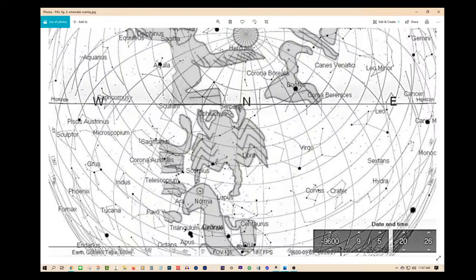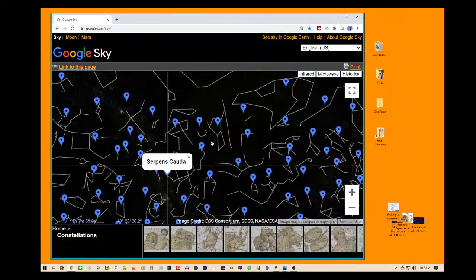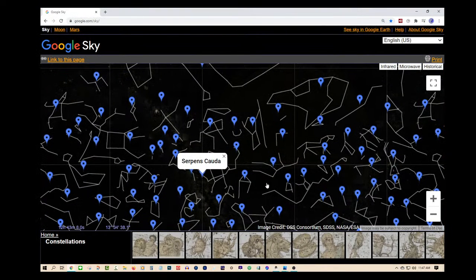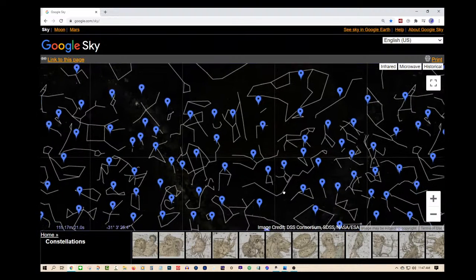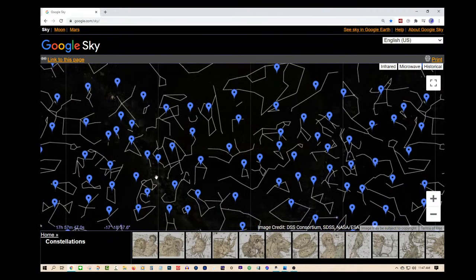Now, I understood that Sagittarius was here, but its location in the true nature of things. Let's take a look at Google Sky. I'll just make that big, right? I put the constellations in, and it's pretty easy to find Cygnus and Scorpio. There's Scorpio, right? You can click on each one to check in Google Sky.